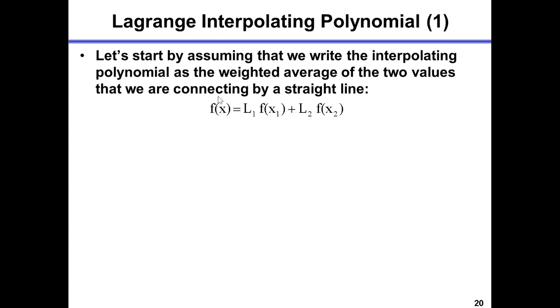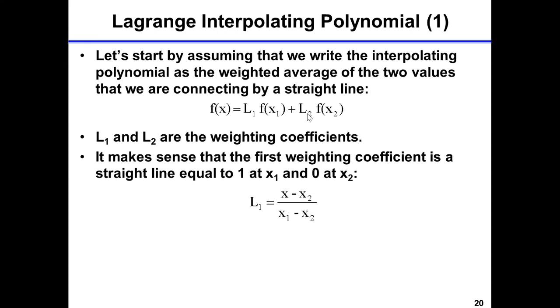I would say my f of x, which is the polynomial, is going to be a weighted average times f of x1 plus some other weighted average times f of x2. And we call these coefficients L1 and L2, to show the weighted average. So we are going to call them weighting coefficients.